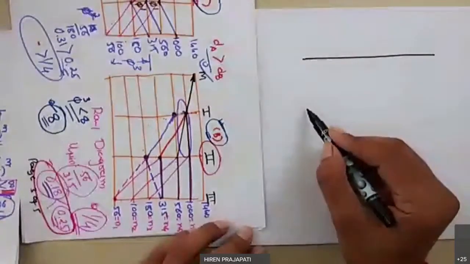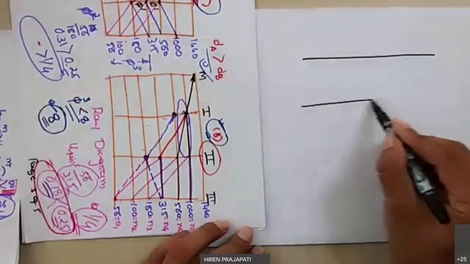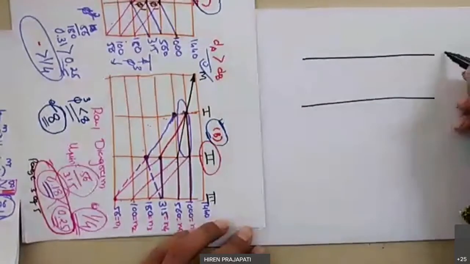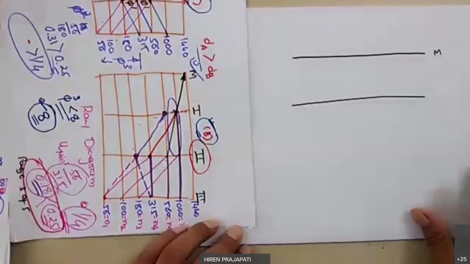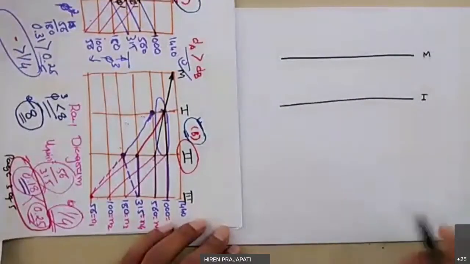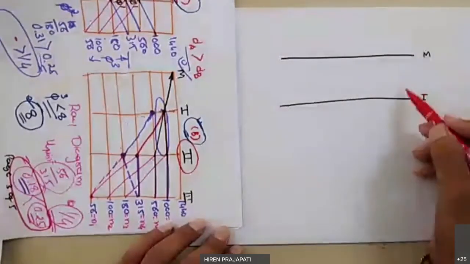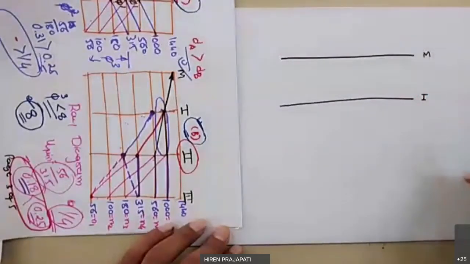Then from the motor shaft, next we have the input shaft. So let me write here, this is the motor shaft. This is input shaft 1. From this input shaft, power is transmitted to the belt drive.